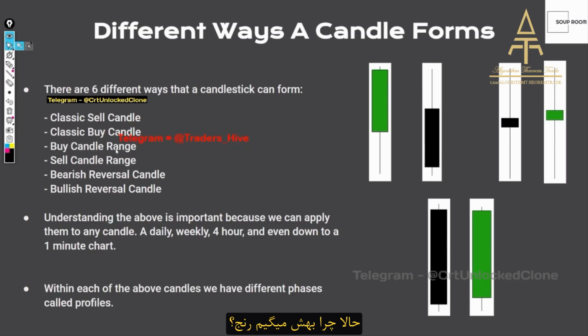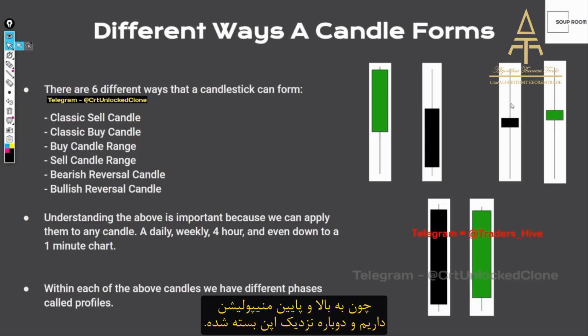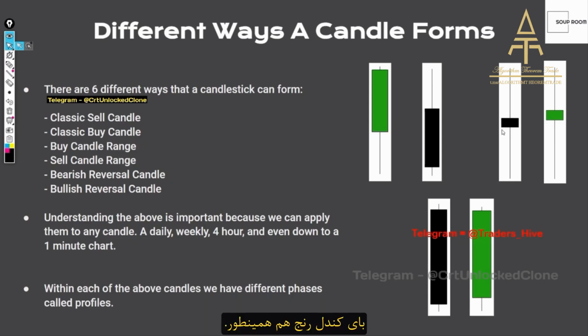Now it's called a range. Why? Because price manipulated lows and manipulated highs, and came back near and around the open. Same thing with the buy candle range.